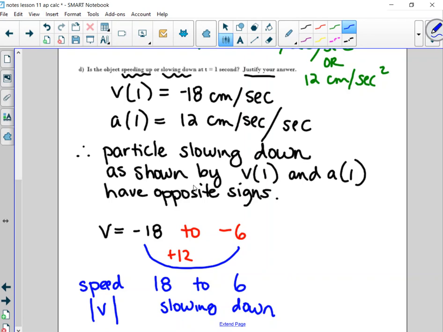The problem oftentimes with doing that, like I said, is you often do that incorrectly. And it takes time to write a longer description. This is all you have to say. We know they're slowing down. How I know? Because the velocity at 1 and the acceleration at 1 have opposite signs, and there's the evidence of that because I have their values. Okay, let's make it as simple as possible.